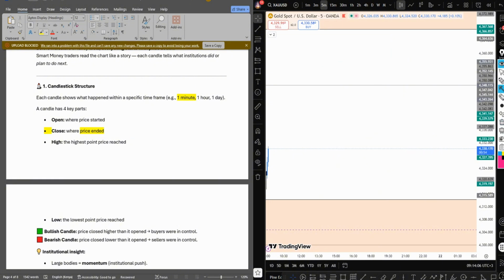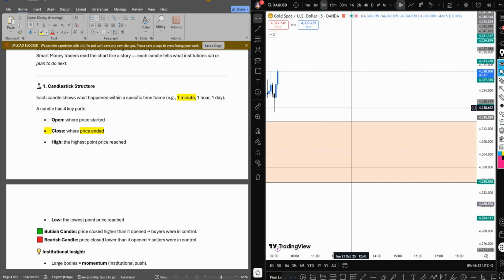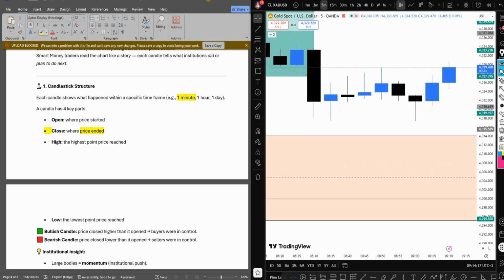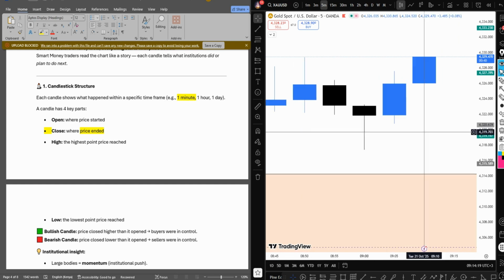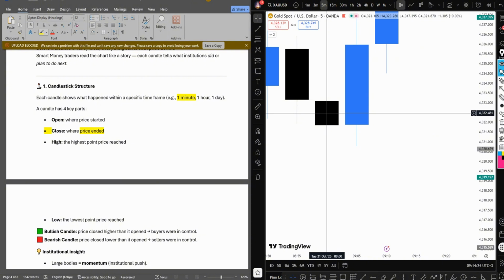Okay, let me show you in charts. This is a bearish candle.